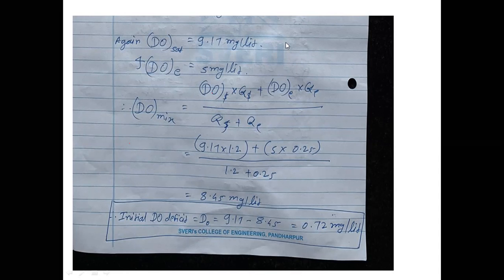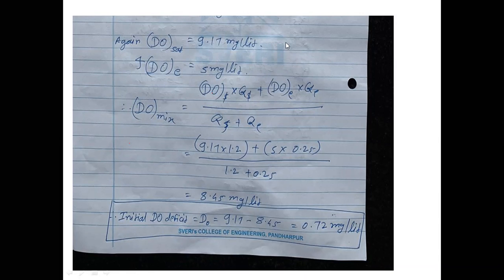Am I correct? Then you can find out the DO mix the same way you determined the Y mix, that is BOD mix. DO mix is DOS into QS plus DOE into QE upon QS plus QE.